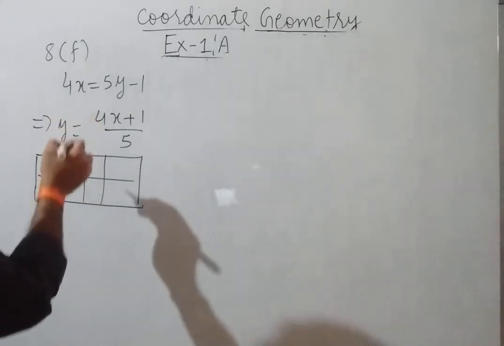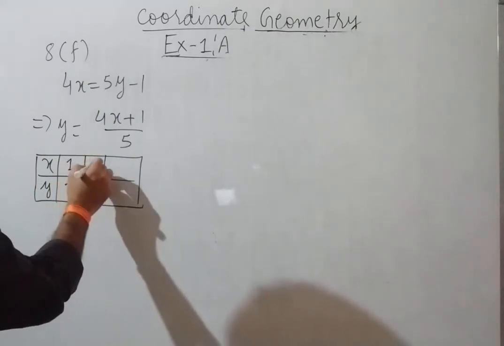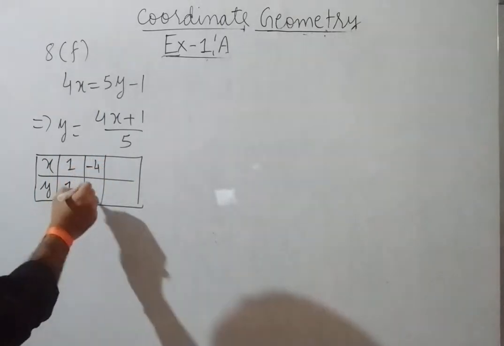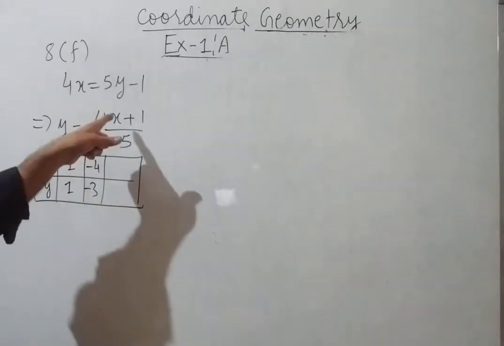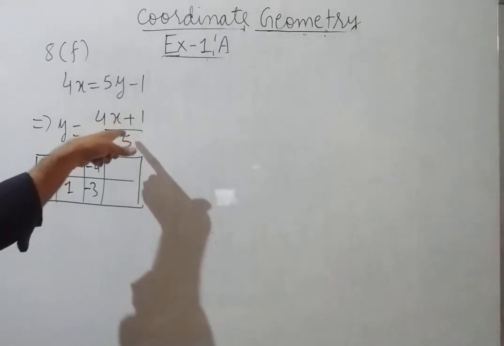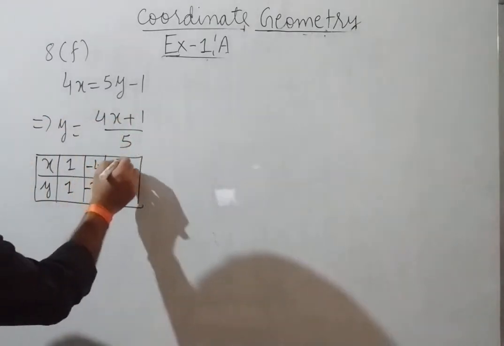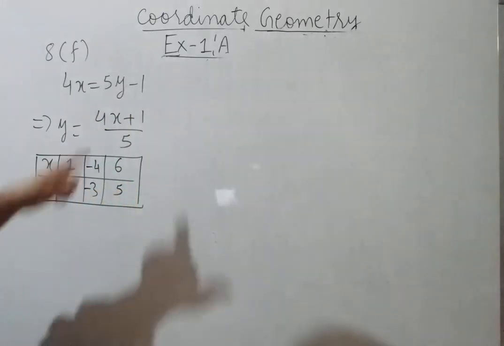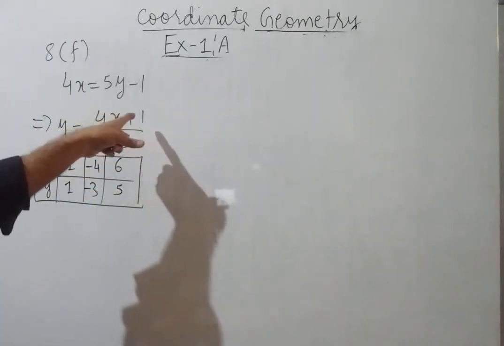If you take x is equal to minus 4, that will give minus 3. See, minus 16 plus 1 is minus 15, upon 5. If you take 6, that will give 5. 24 plus 1 is 25, upon 5, that is 5.